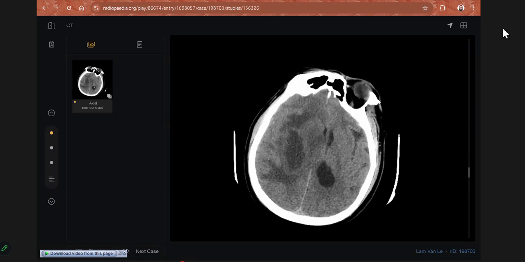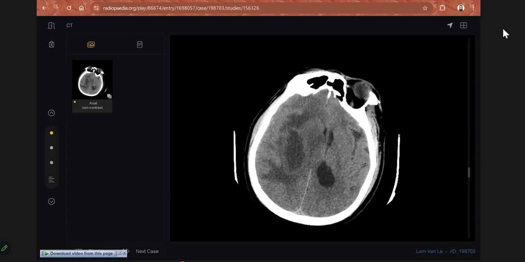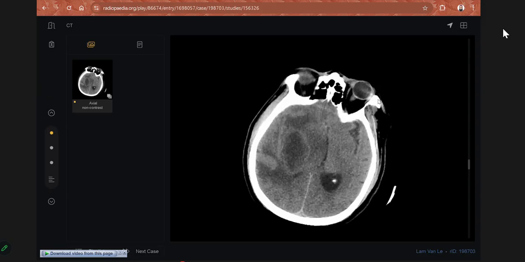It is heterogeneous with vasogenic edema noted, and it is causing significant mass effect in the form of contralateral shift of the right lateral ventricle, as well as generalized cerebral edema and midline shift suggesting subfalcine herniation.